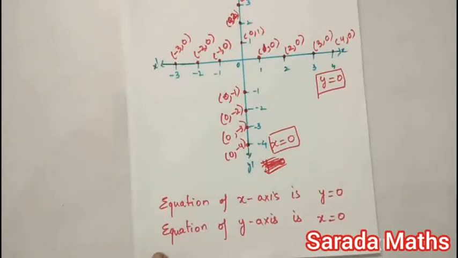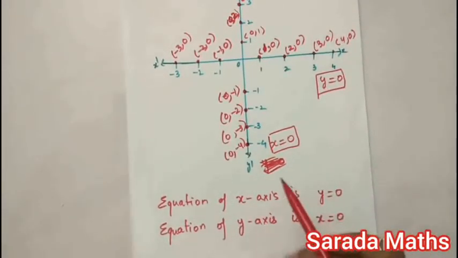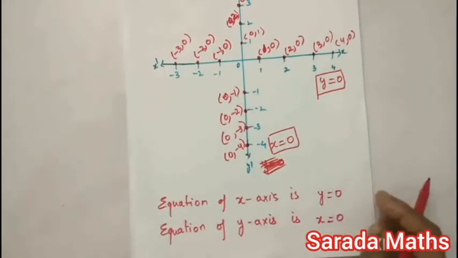Is it not? So x is equal to 0. On the x-axis, the value of y will be 0. So y equal to 0 and x equal to 0 are the equations of the x and y axes. This is how you have to write the equation on seeing the graph.